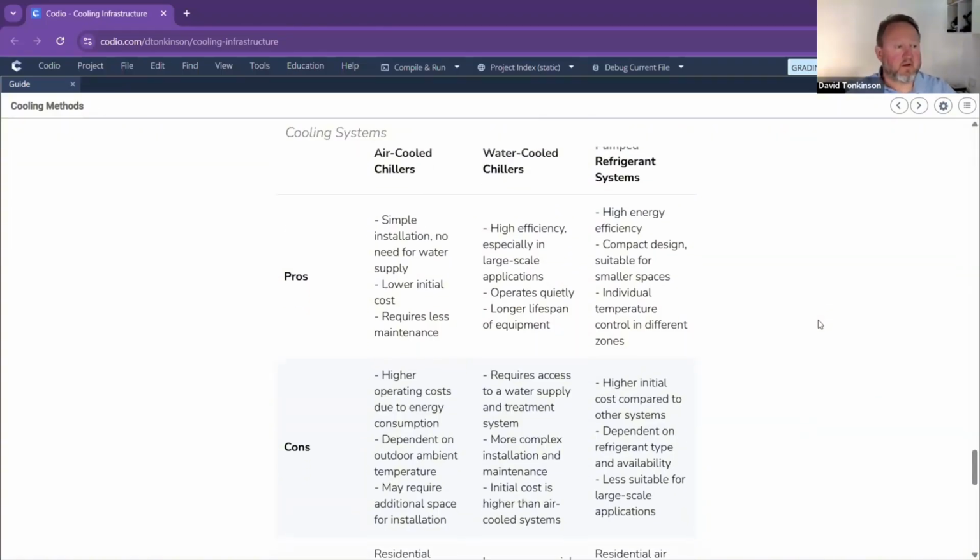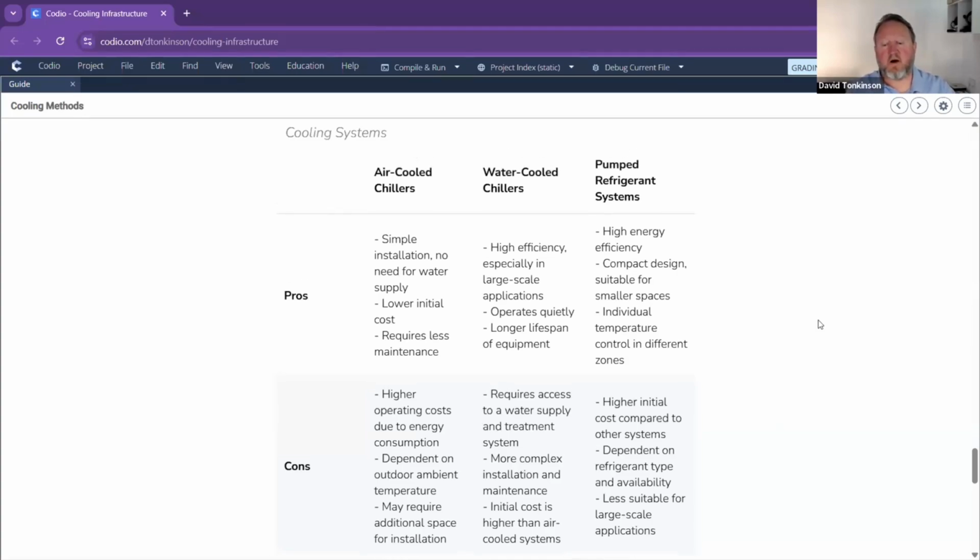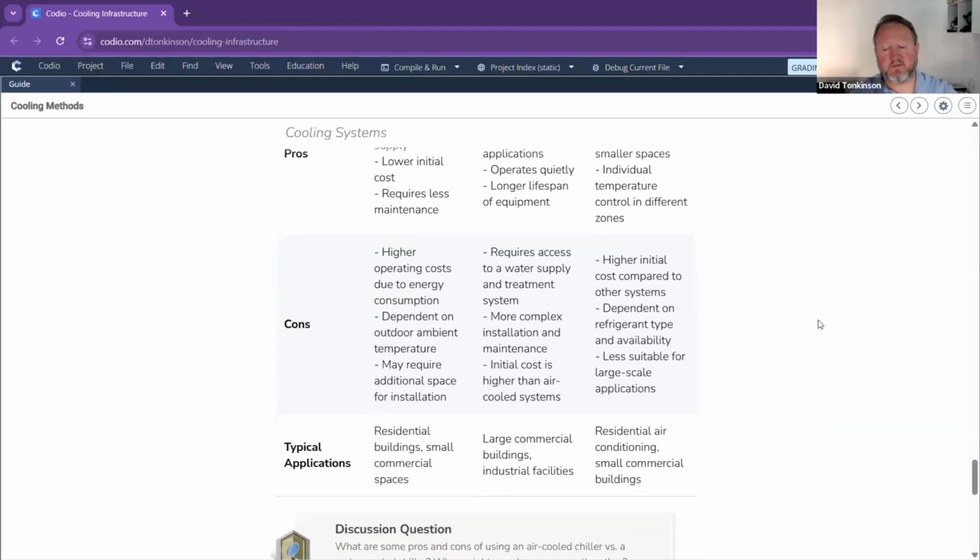Now, there is also a pumped refrigeration system. High energy costs. Okay, we don't want to spend lots of money. They are compact designs, suitable for smaller spaces that you need to keep really cool. Individual temperature control in different zones is very achievable with the pumped refrigeration systems. Some of the cons on that is that they have a higher initial cost compared to other systems.